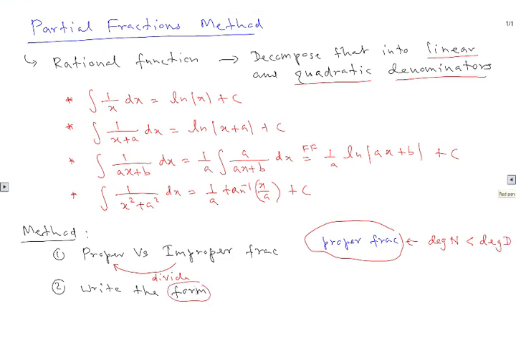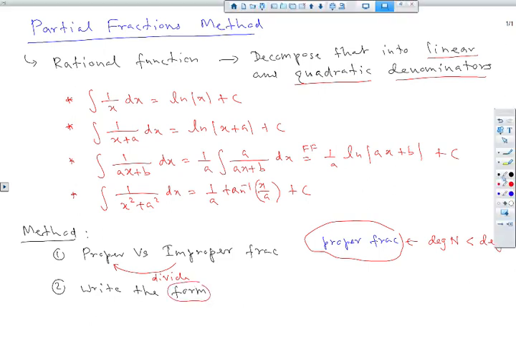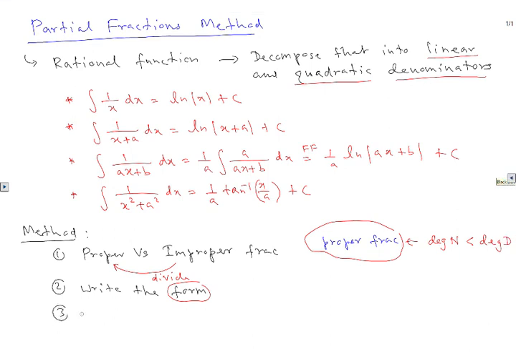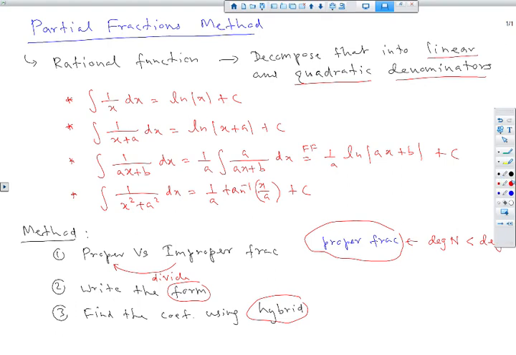After you write the form, you're going to notice that there are some unknown coefficients. So what we're going to do is find the unknown coefficients. Normally we use the hybrid method. The book doesn't use that, but we're going to use the hybrid method because that's the fastest method.